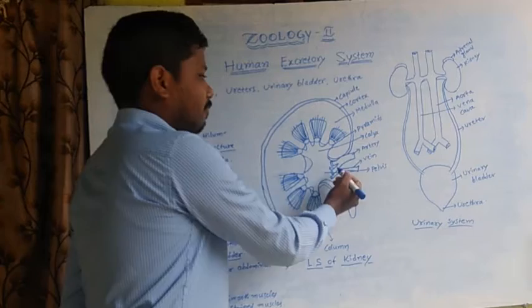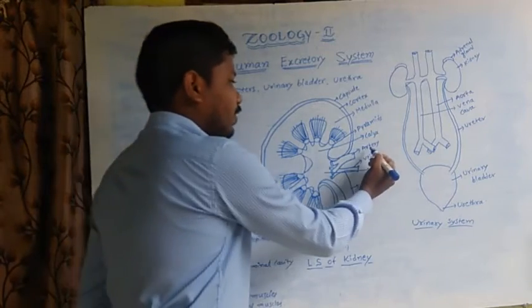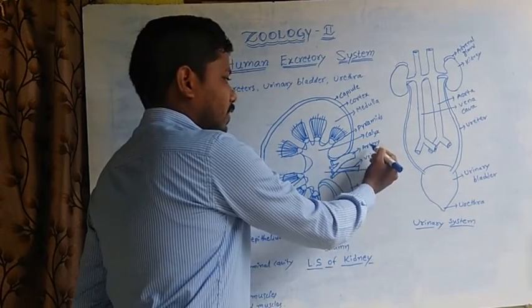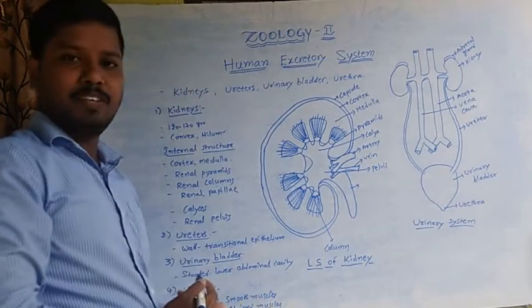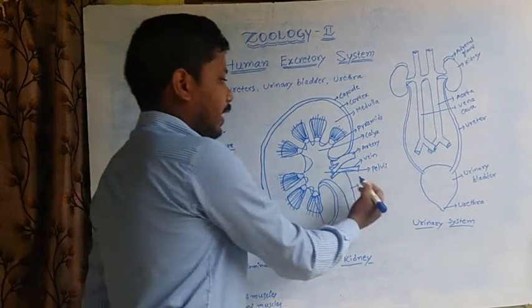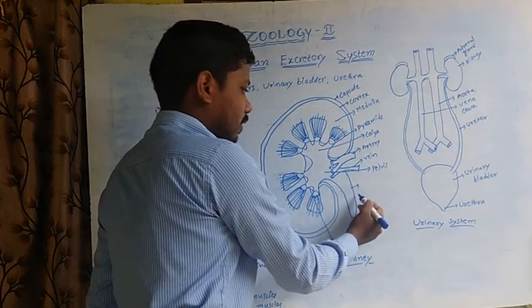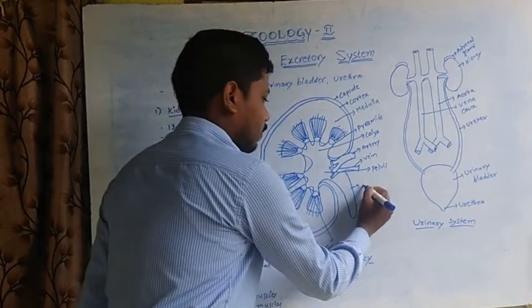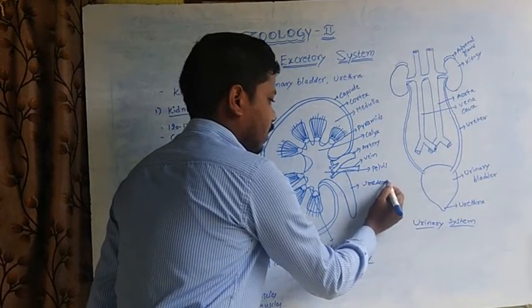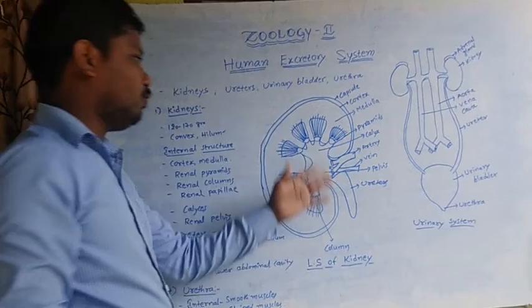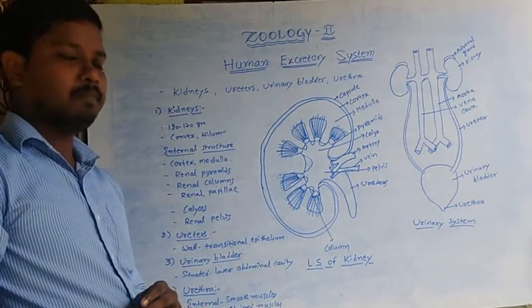At the point of the hilum, the artery and nerves enter the kidney, and the veins and ureters leave the kidney.